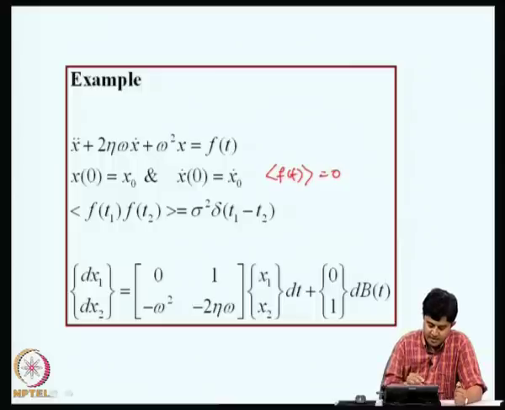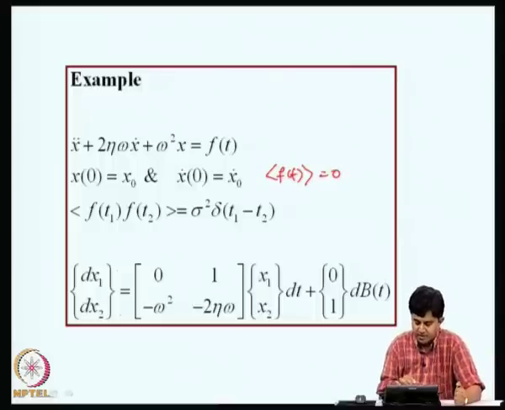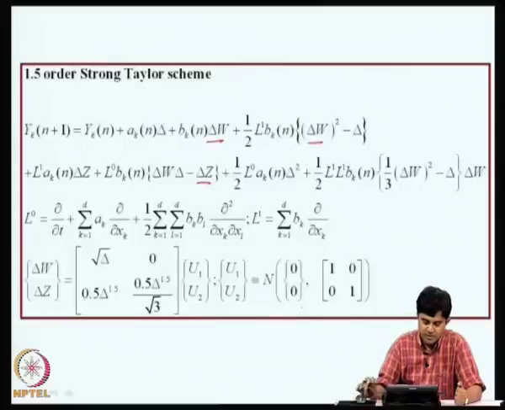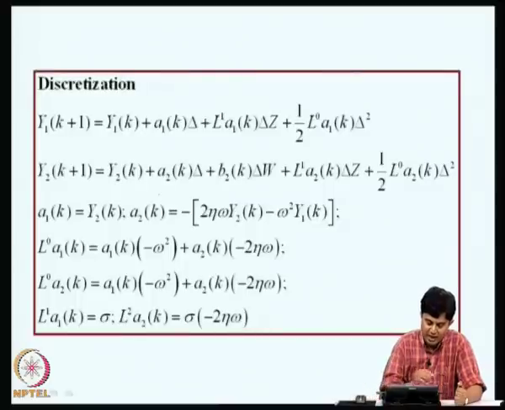Now, this second order differential equation can be recast as a set of first order differential equations, and they can be interpreted as stochastic differential equations. Since f of t is a white noise, we need to write it as an increment of a Brownian motion process, and based on this representation and by using this integration scheme, we can now get a discrete map. y1 of k plus 1 is x of t evaluated at t equal to t k plus 1.